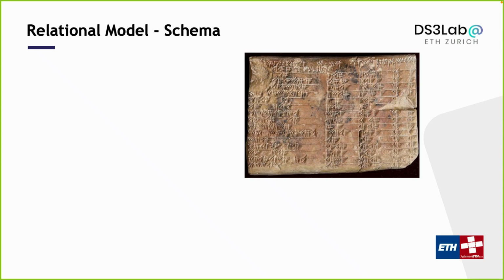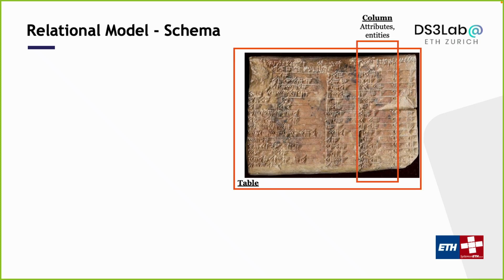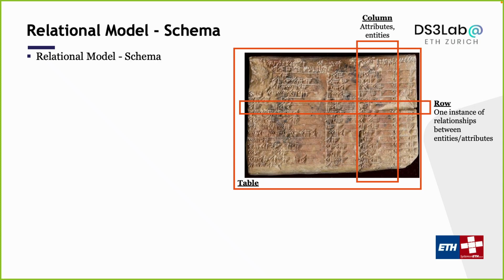In the relational model, our way of thinking about our data, our knowledge, is that it fits into something that looks like a table. It has a name, and different columns or attributes of the same type of information, and different rows corresponding to different instances of relationships between those values. More formally, defining your data in a relational model has two components.